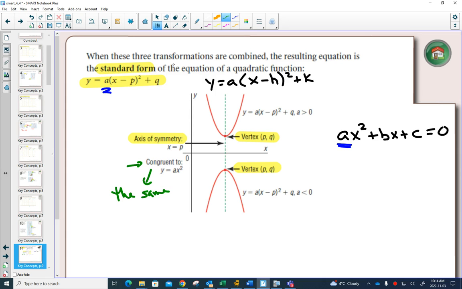So x squared plus 5 is just moving your x squared graph up 5. We would say that those two are congruent because they're the same shape. But x squared and 2x squared, one is wide, one is normal, and the other one got narrower, we would say those aren't congruent.